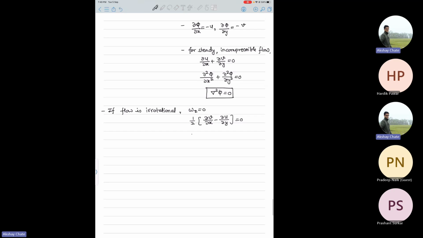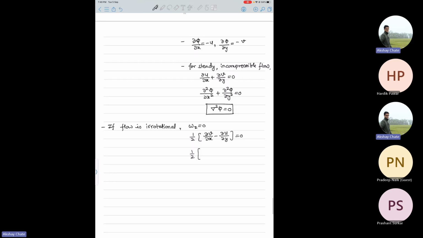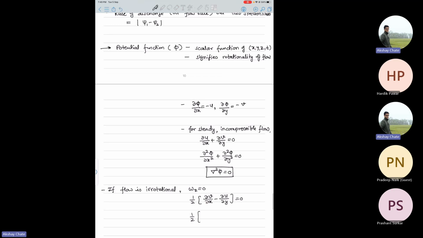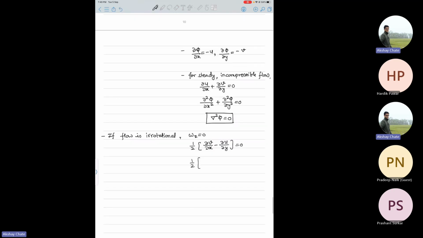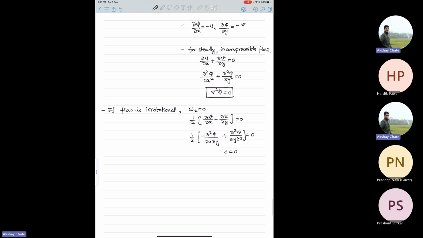So if you put here, del v by del x becomes minus del square phi by del x del y, and another term will become del square phi by del y del x, but it doesn't matter because it is 0.